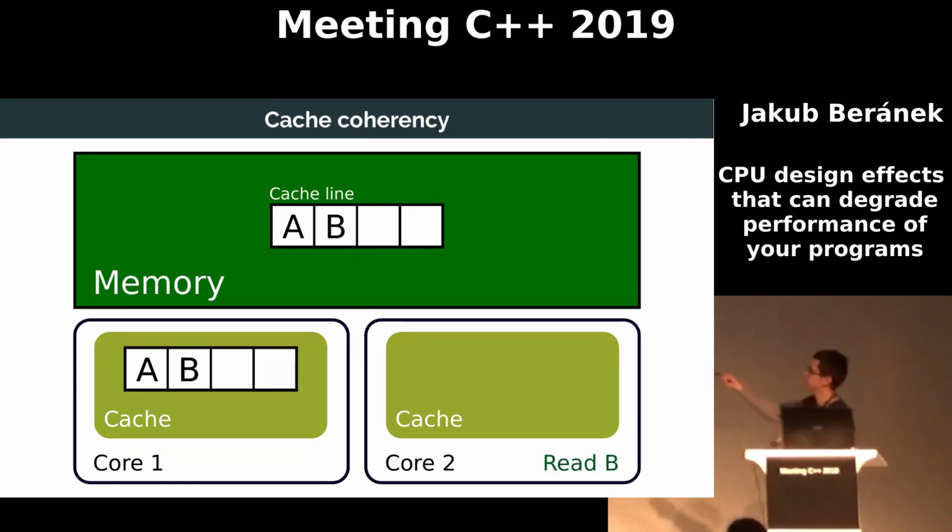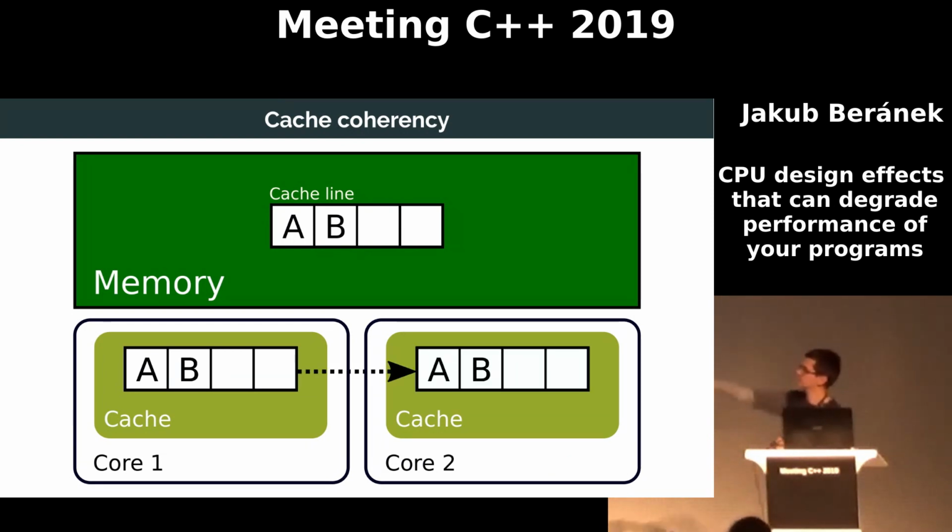Then core 2 wants to read B, and since they are in the same cache line, the CPU notices this, and instead of transferring it from memory, it can just copy it directly from the cache of core 1, because that should be faster. Right, so this is actually pretty nice. We avoided a second load from memory, and both cores have their local copies. Everything is fast. However, a problem arises when they start to write.